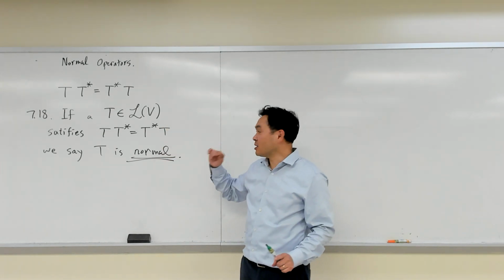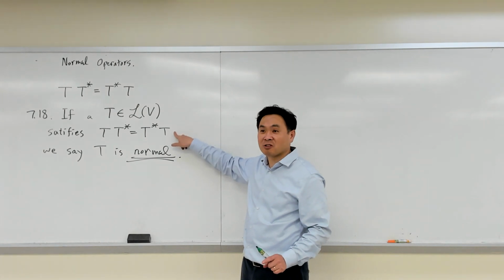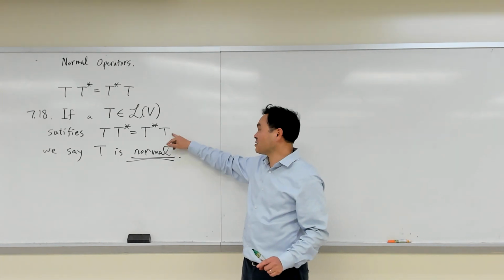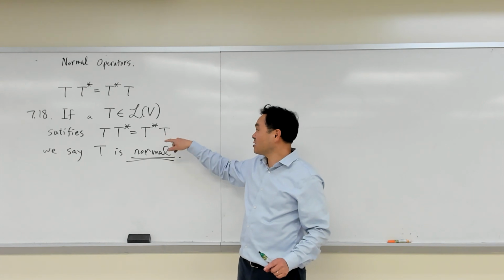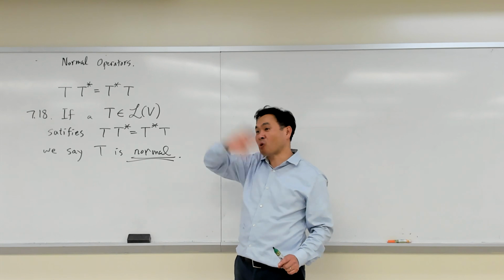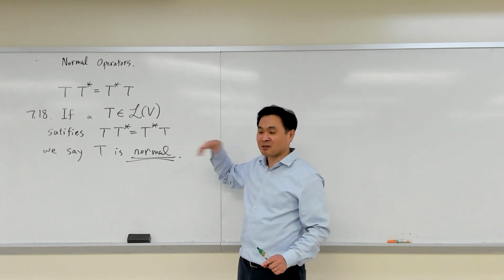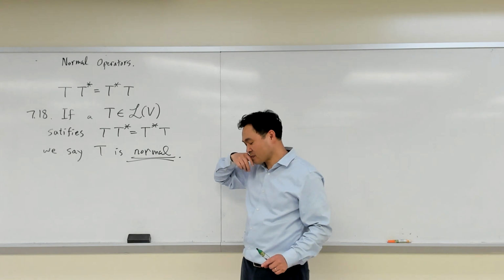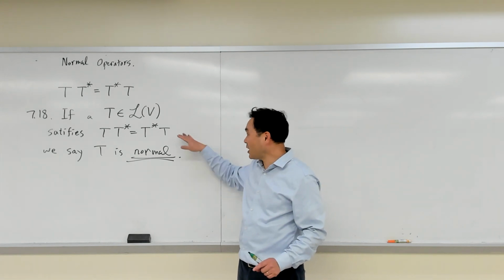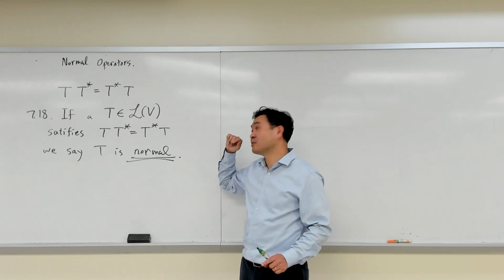Okay. In fact, normal is a closed condition. If you collect all the matrices that look like this from the set of all possible matrices, this is what's known as a variety.